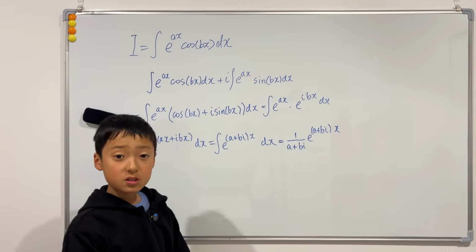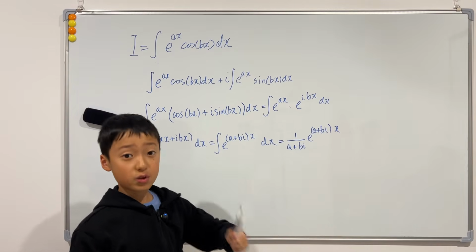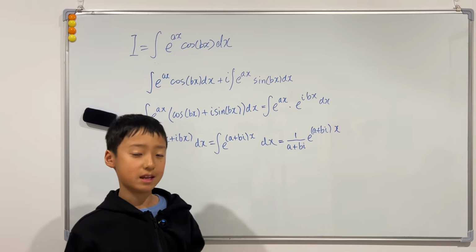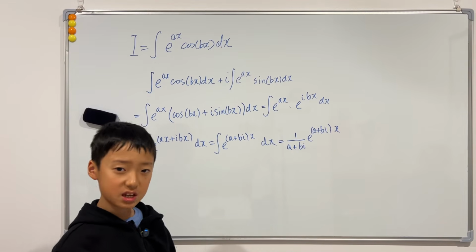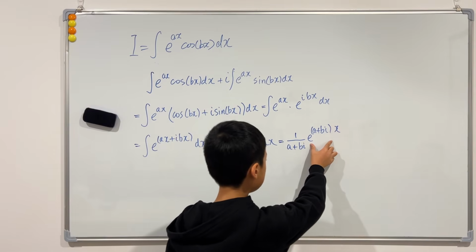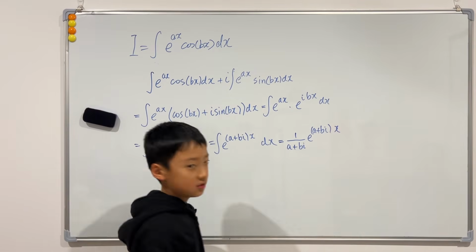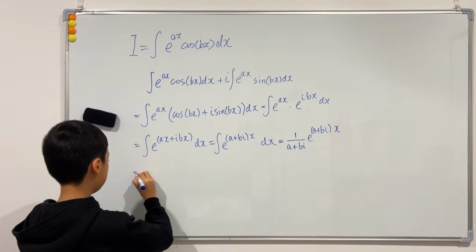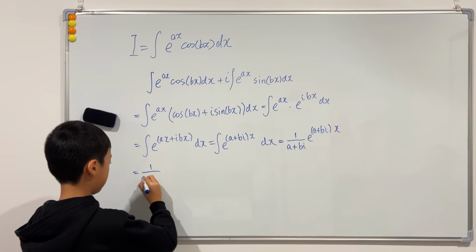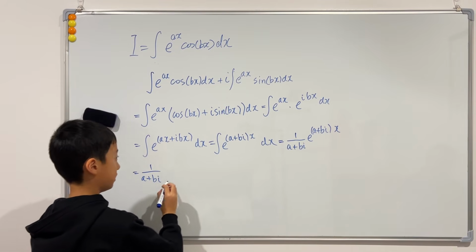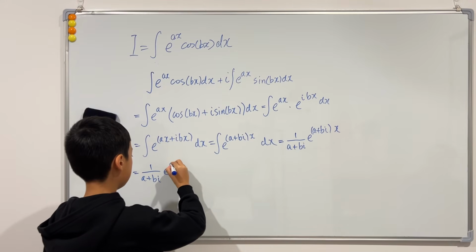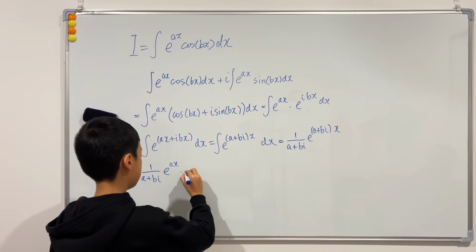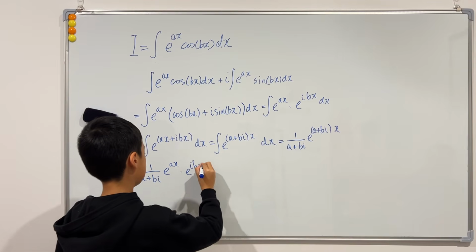So now, since this is the solution, we need to separate it into its real and imaginary parts. The first step in doing that is we are going to change this back into this. So this will become 1 over a plus bi times e to the power of ax times e to the power of i bx.